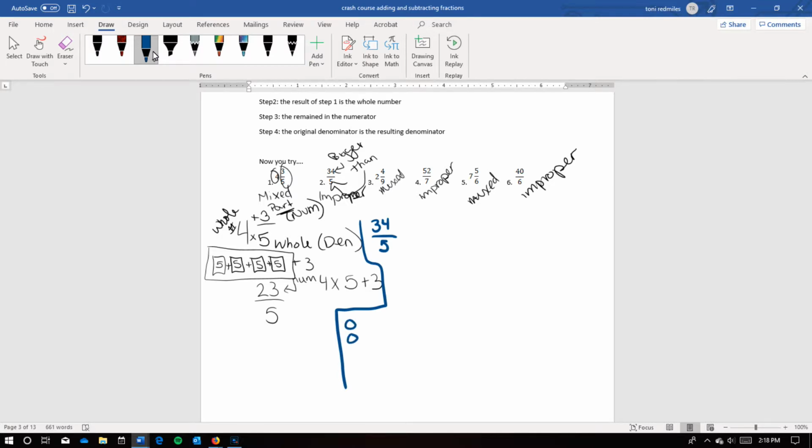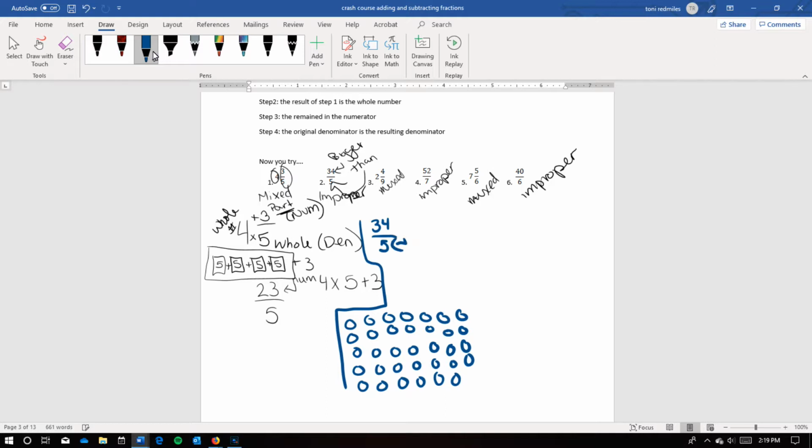So I'm going to draw my 34 Skittles. 1, 2, 3, 4, 5, 6, 7, 8, 9, 10, 11, 12, 13, 14, 15, 16, 17, 18, 19, 20, 21, 22, 23, 24, 25, 26, 27, 28, 29, 30, 31, 32, 33, and 34.